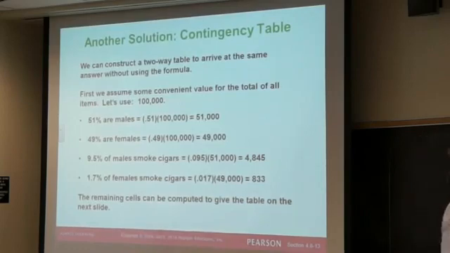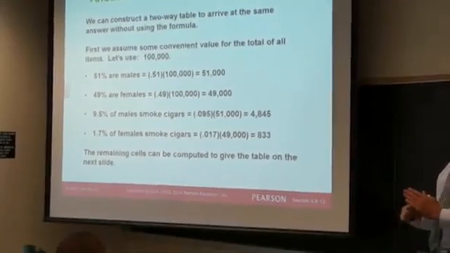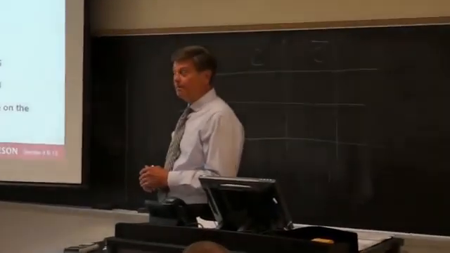I have numbers here to represent the counts from my sample that meet these criteria. So in this cell would be the number that smoke cigars and that were male. In this cell it corresponds to the number of females that smoke cigars. And in this cell, the number of males that don't smoke cigars, and so on. Okay? Contingency table is just taking our population, in this case, putting it in 4 different distinct categories.